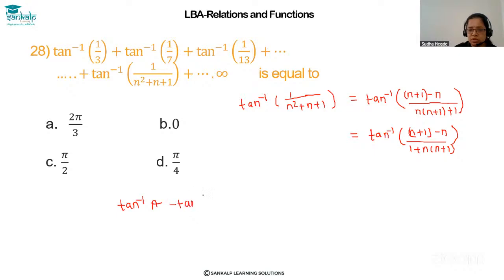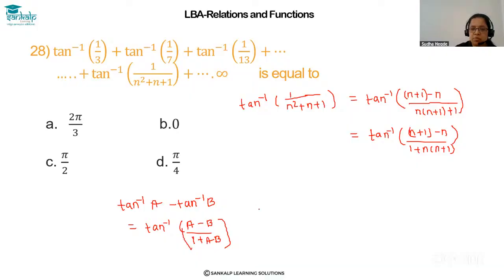That is equal to tan inverse A minus B divided by 1 plus AB.